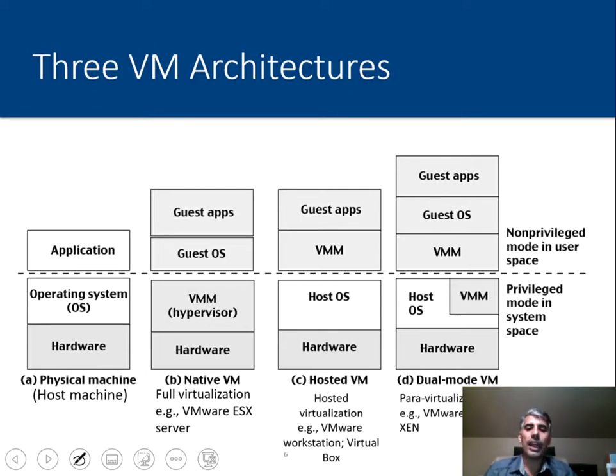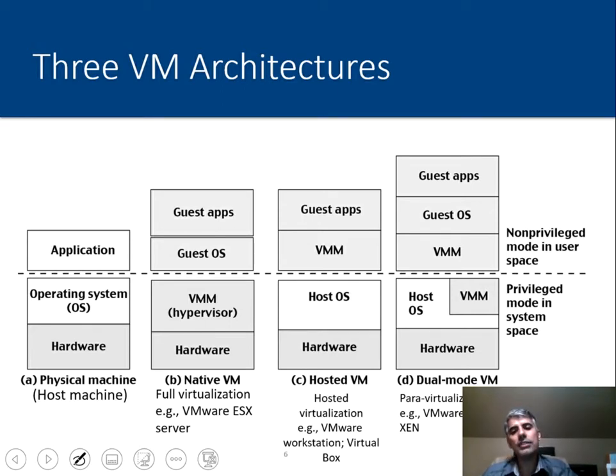And this is the one that many of you are familiar with. Things like VirtualBox work in this manner. And I know many of you install VirtualBox on your machines. You have your host operating system. Let's say you have a Windows machine, and then you install, let's say, VirtualBox on top of it. And then you can install, let's say, Linux on top of those virtual machines provided by VirtualBox. And then within that, you can run whatever Linux application you like.